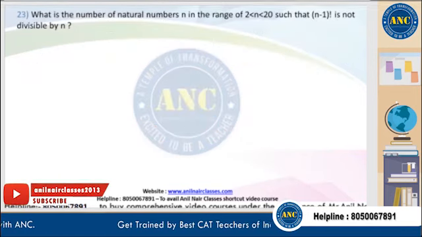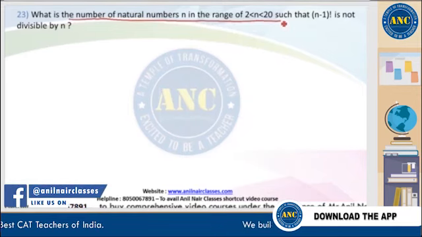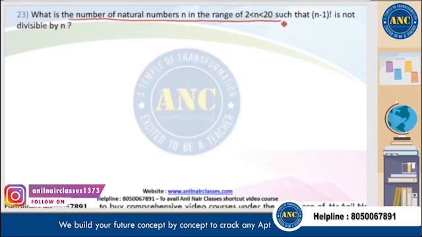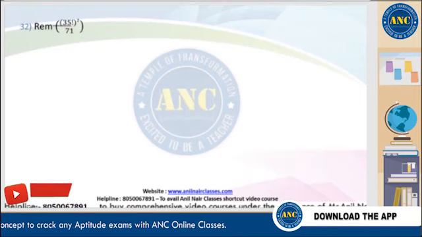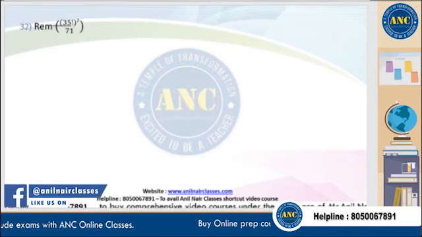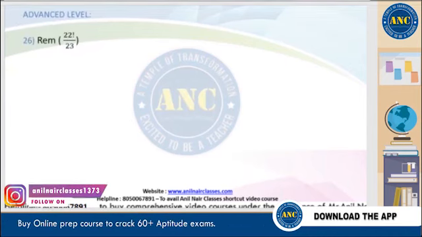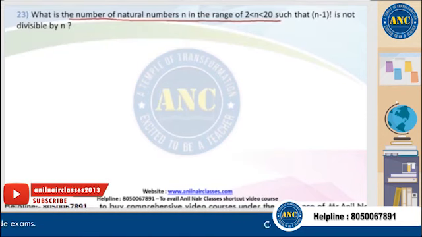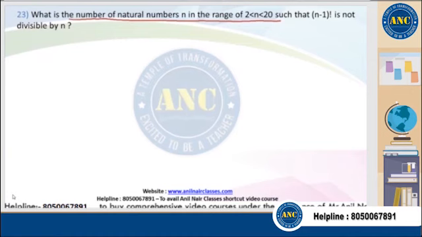23rd question. What is the number of natural numbers n in the range 2 less than n less than 20 such that n minus 1 factorial is not divisible by n?